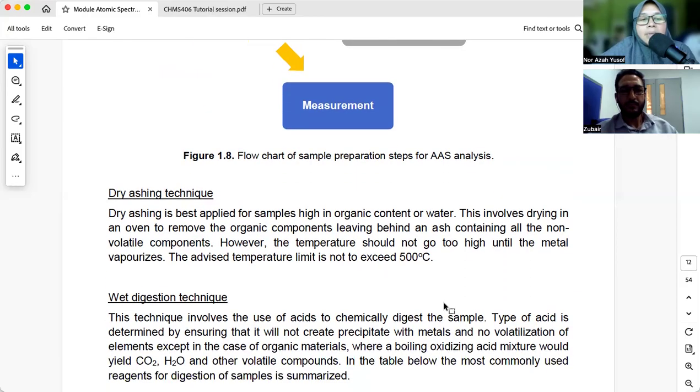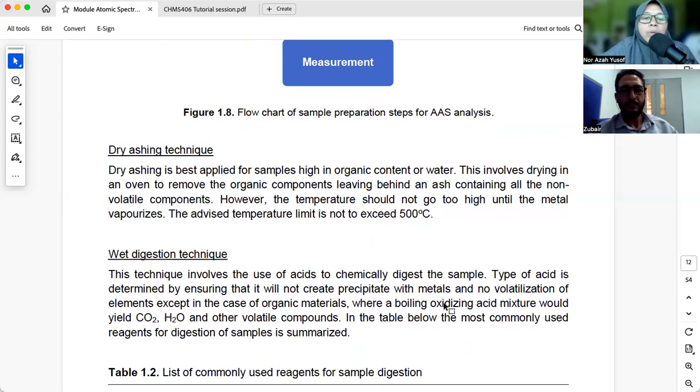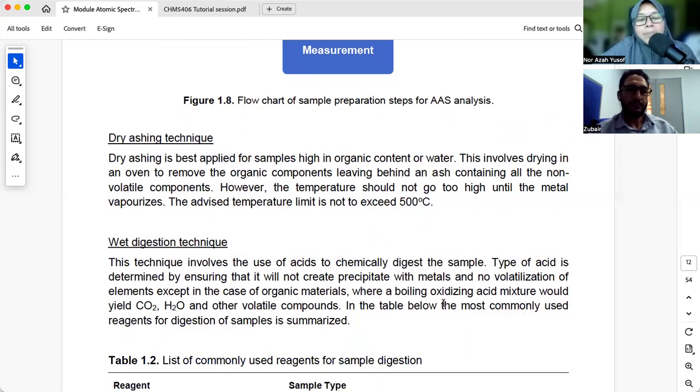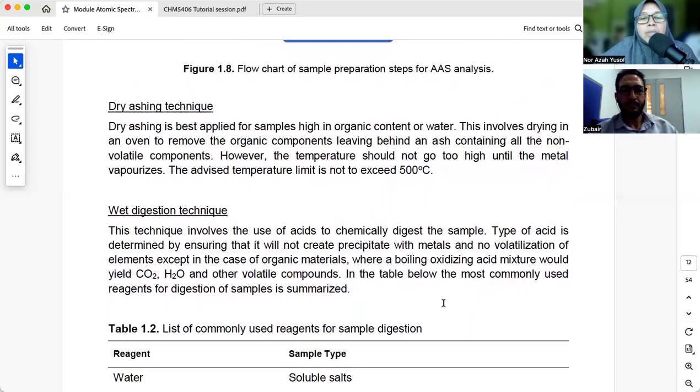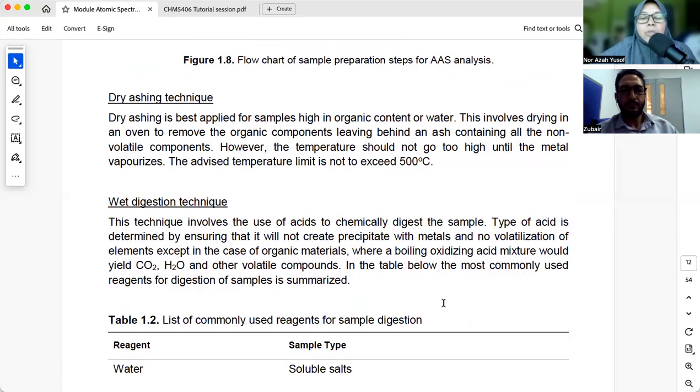Other than the dry ashing technique, you can use what we call the wet digestion technique. Wet digestion uses highly concentrated acid. The acid that you use should not create a precipitate when you mix it with the sample.